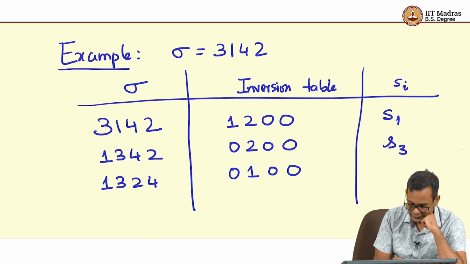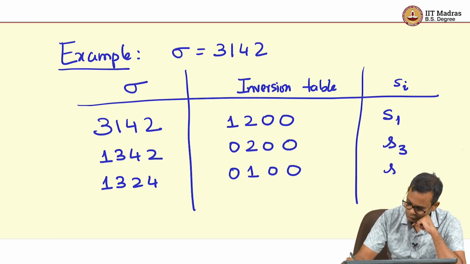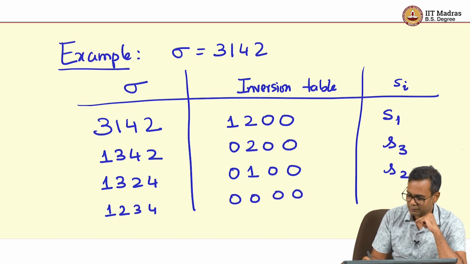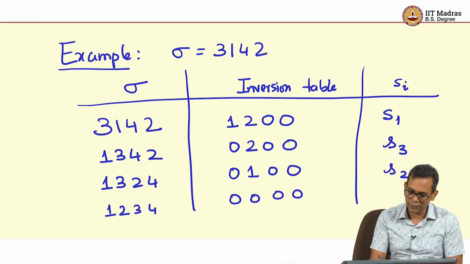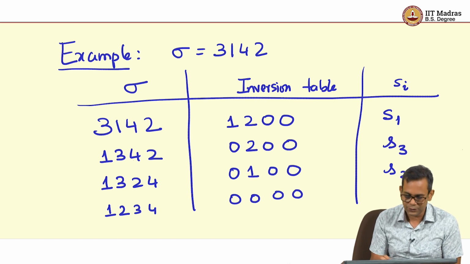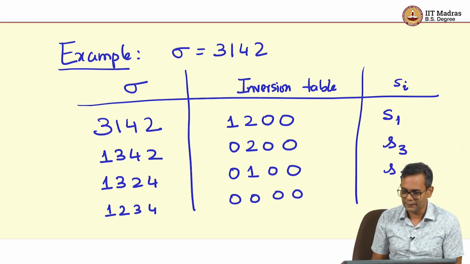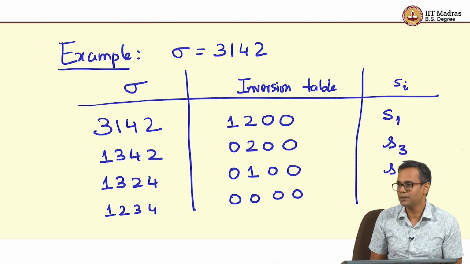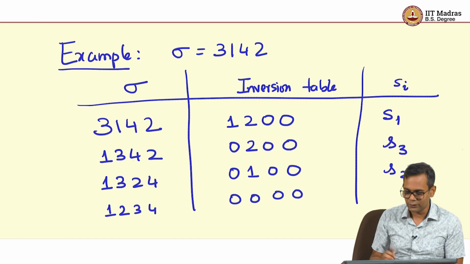So, we have 1 3 2 4. 3 and 2, there is a descent there at i equals 2. So, we apply S2, and what we get is 1 2 3 4, and this has inversion table 0 0 0 0. And so, we have sorted this using exactly 3 simple transpositions corresponding to the 3 descents.